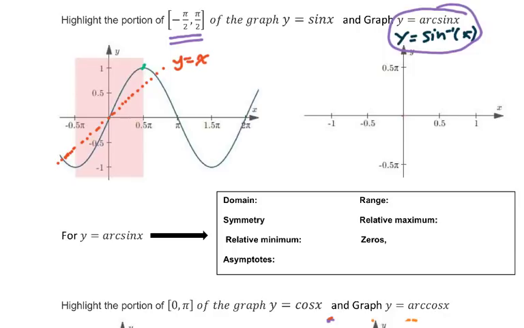I will find some points on sin x for the given domain. I will draw a line perpendicular to the line y equals x for each point. Then I extend it, making sure it is the same distance.